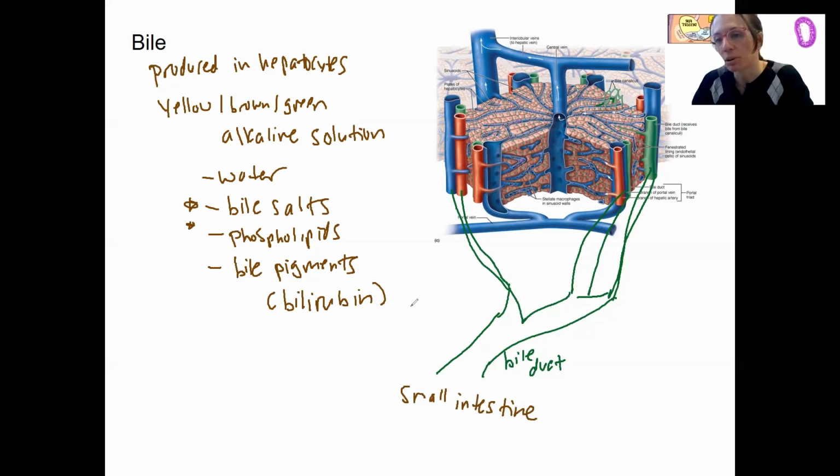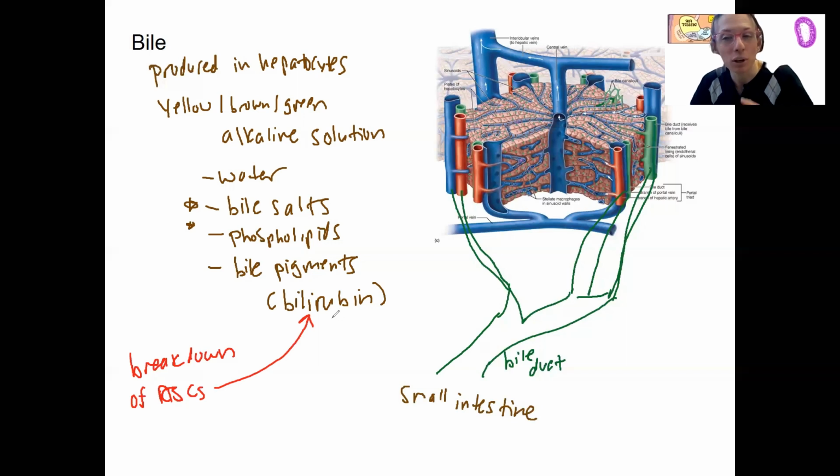Bilirubin, just as a little side note, is produced in the spleen due to breakdown of red blood cells. The spleen's job is to recycle red blood cells that are old or damaged. Breakdown of red blood cells produces, among other things, bilirubin. Bilirubin is actually a toxin, and by putting it in the bile, we can get rid of it.